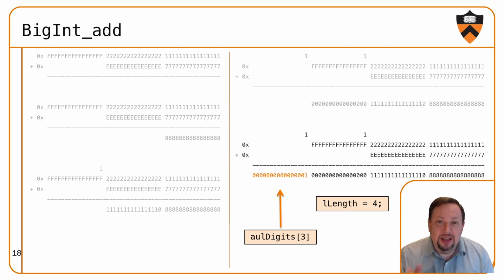And we actually do that final addition, which consists of 0, 0, and that 1 carry. And so the result is just 1. And now we need to set the length of the output, and we wound up with 4 digits that end up representing the result of the addition. So that's roughly how the algorithm goes. It really is just grade school addition.